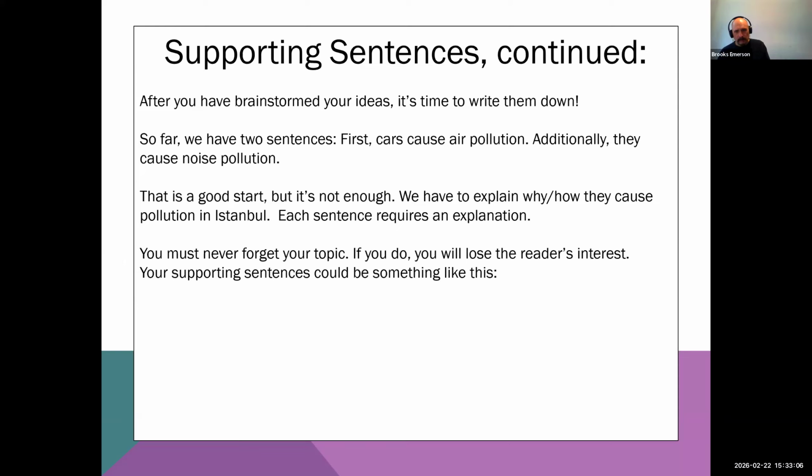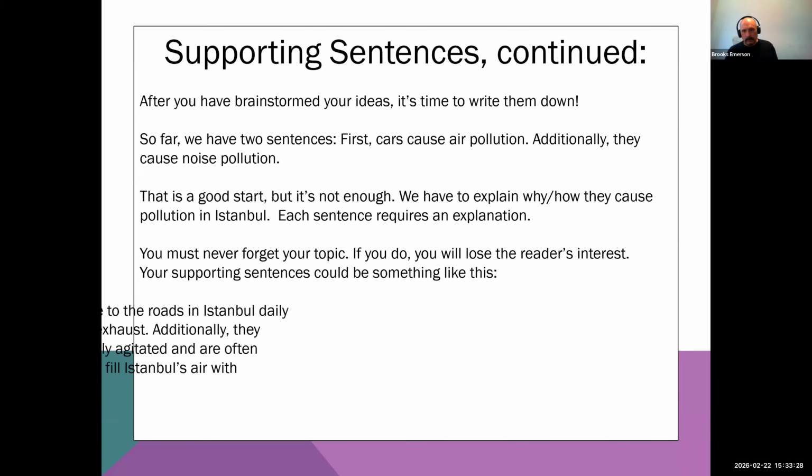So that's going to be your explanation. And again, I can't say this enough, never forget your topic, because you'll lose the reader's interest. That's true. But also, if we're thinking academically, you'll lose the teacher's interest, which usually means a lower score.